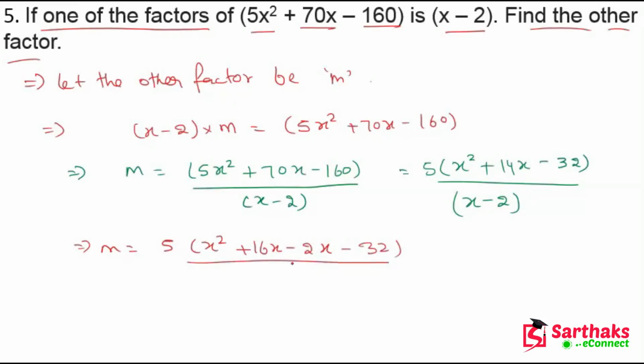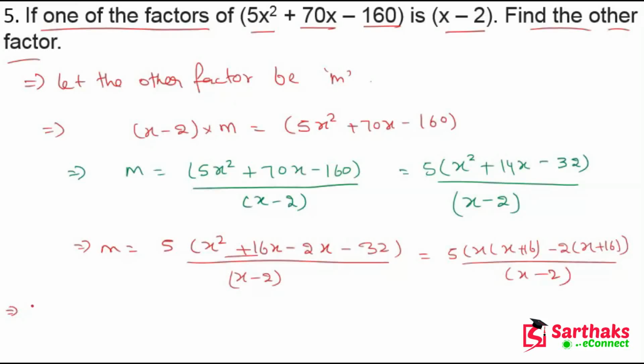Okay, and in the denominator it is x minus 2. Now from the starting two terms we can take x as a common, so this will become like x into x plus 16. Understand? And here we are taking minus 2 as a common, we get x plus 16. Okay, so here is x minus 2.